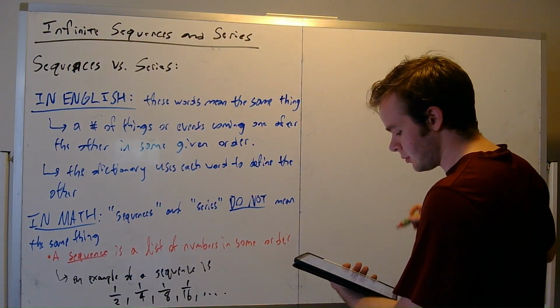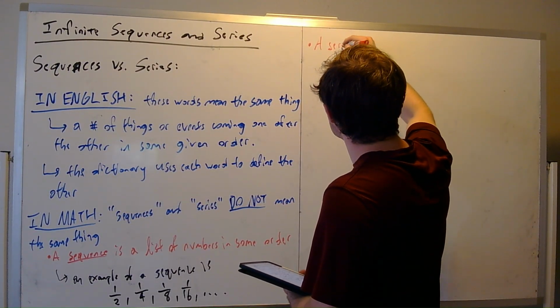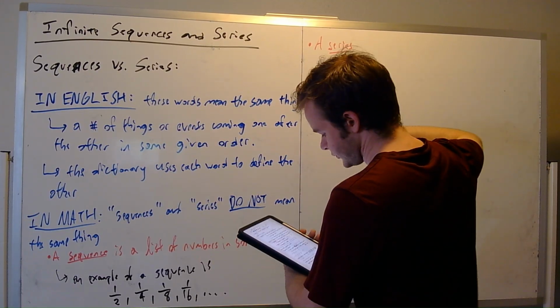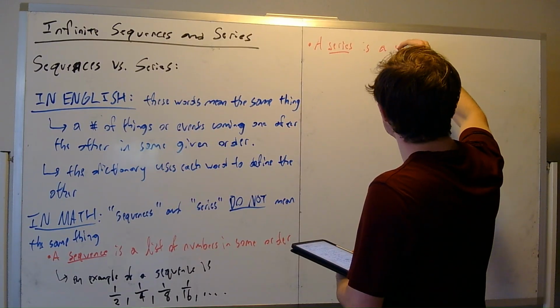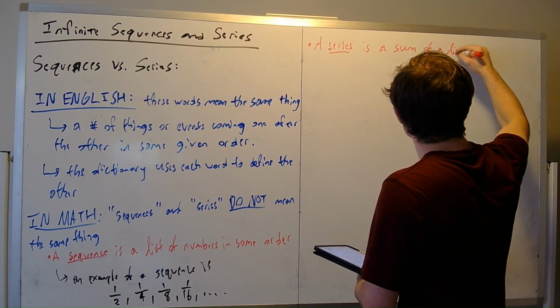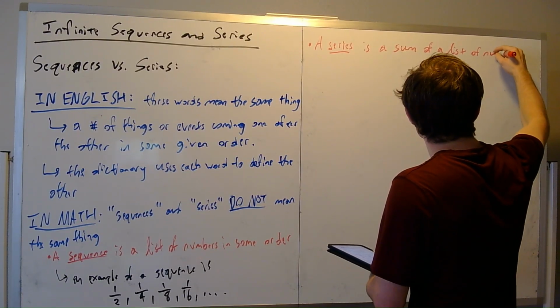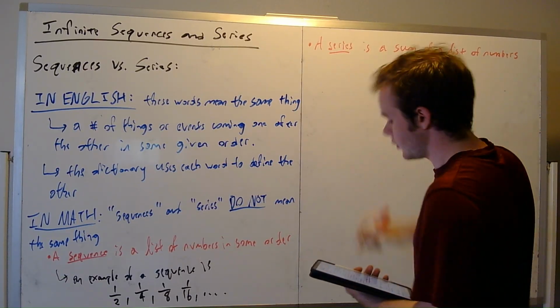But let's say what we mean by series. So a series is a sum of a list of numbers. Right.